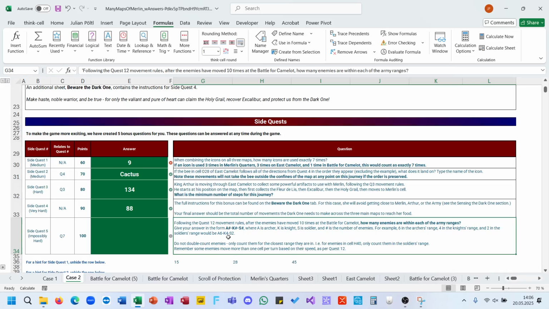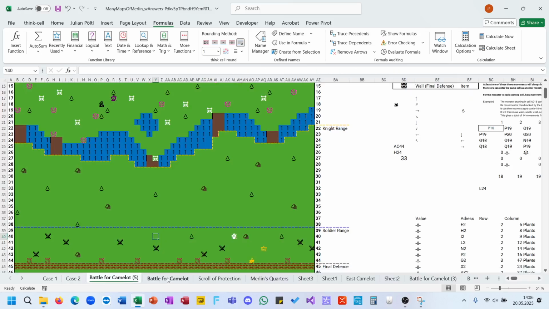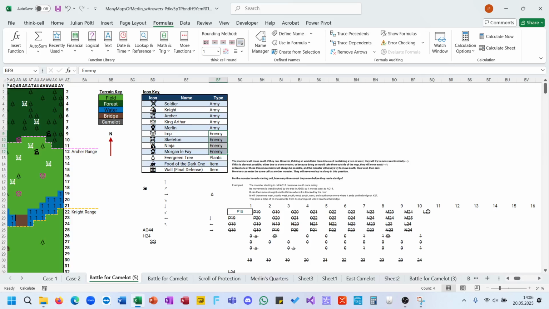Oh, they move faster. Okay, I screwed up. Okay, some of them move faster. Okay, we can solve this.